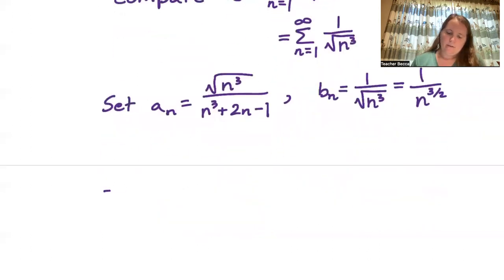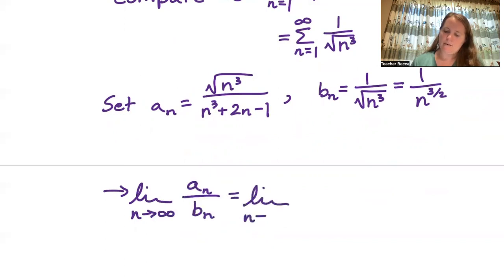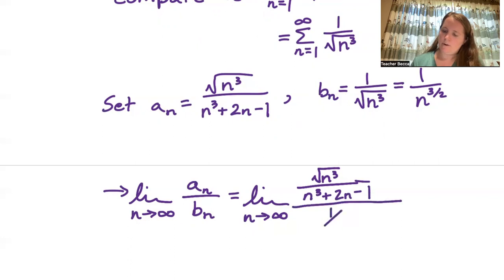Then we have that the limit as n goes to infinity of a sub n over b sub n is the same thing as the limit as n goes to infinity of the square root of n cubed over n cubed plus 2n minus 1 all over 1 over the square root of n cubed.